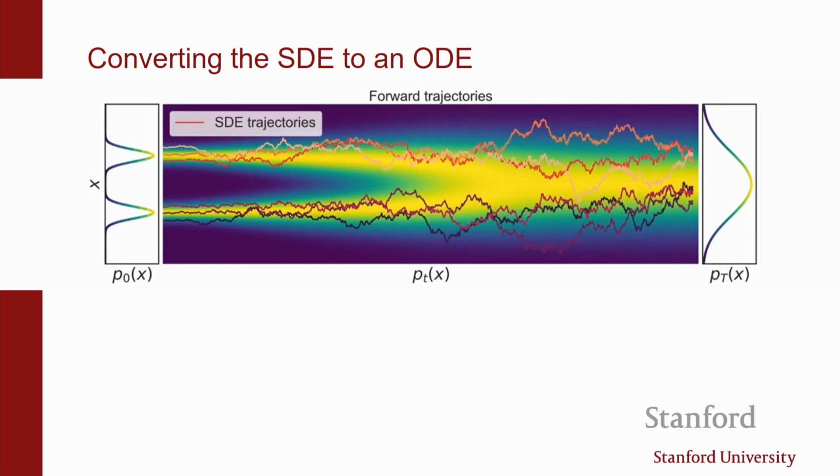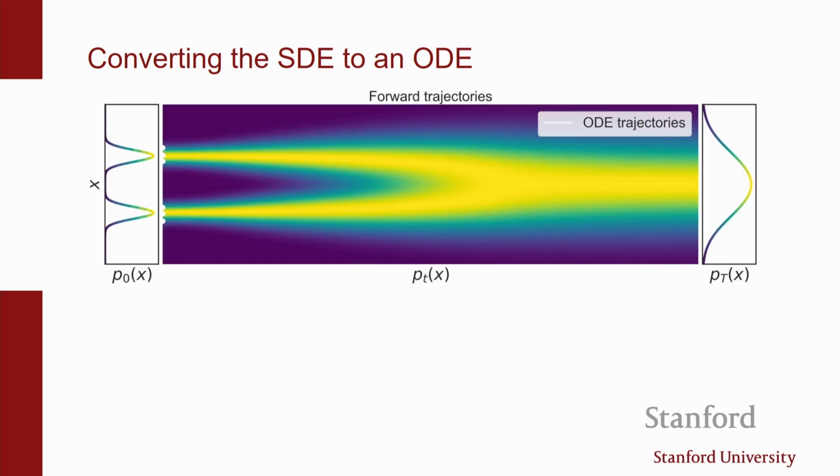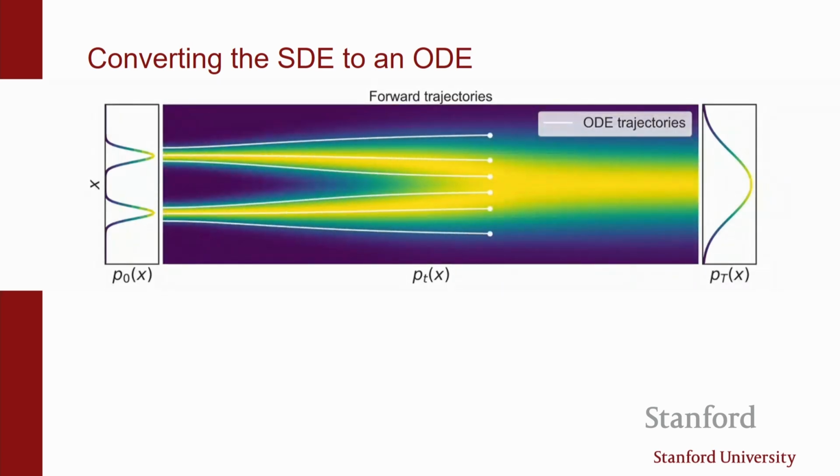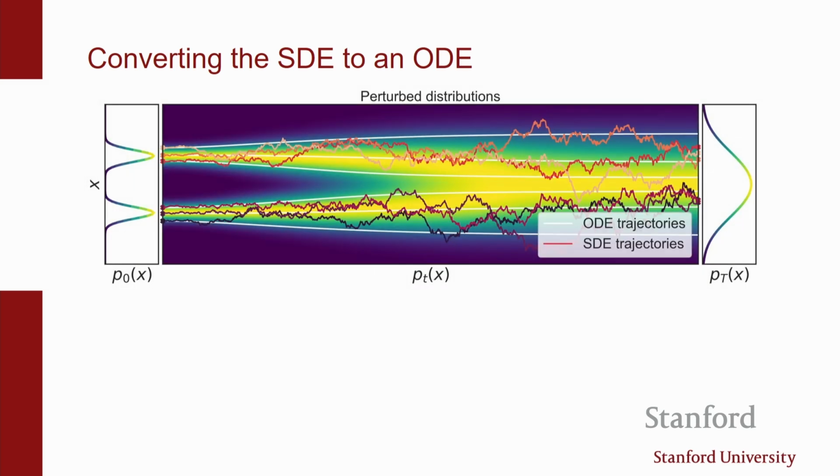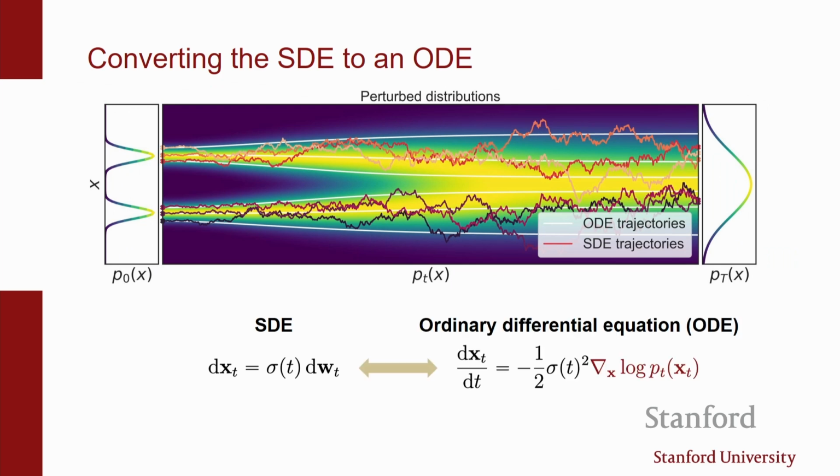We have this stochastic differential equation that goes from data to noise. It turns out that it's possible to describe a stochastic process that has exactly the same marginals, but is purely deterministic. So there is an ordinary differential equation, the kind of thing you probably have seen in other classes, that has exactly the same marginals over time.